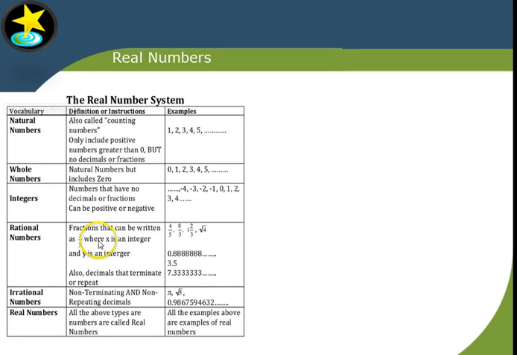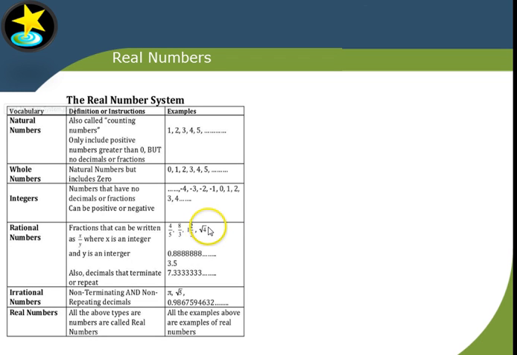Here are some examples of rational numbers: 4 by 5, 8 by 3, 1 2 by 3, and the square root of 4. These are different fractions which can be expressed in terms of x by y, and we can see that y is not 0 and is an integer.